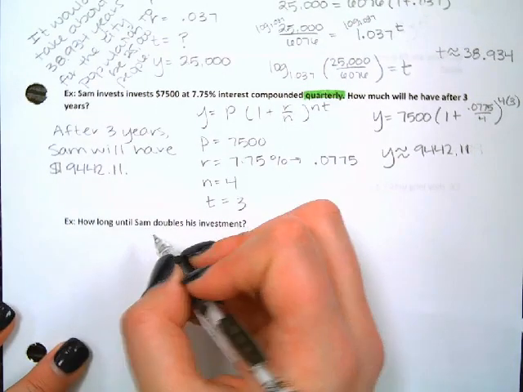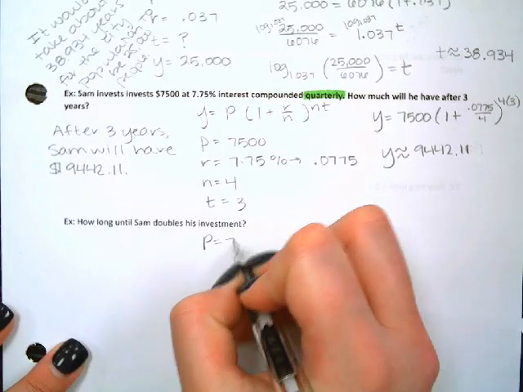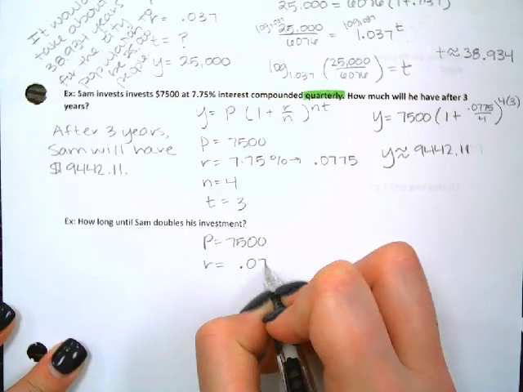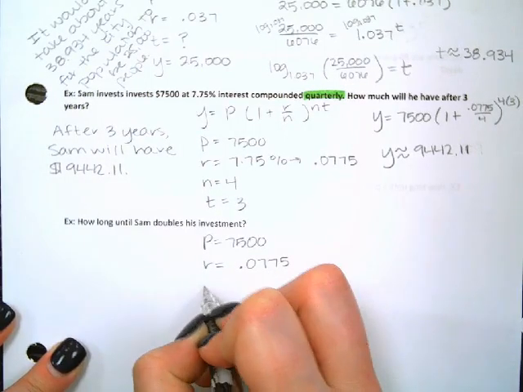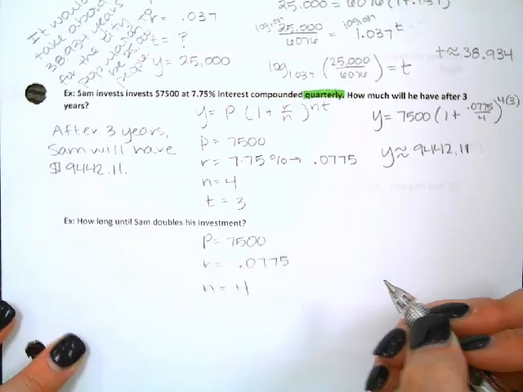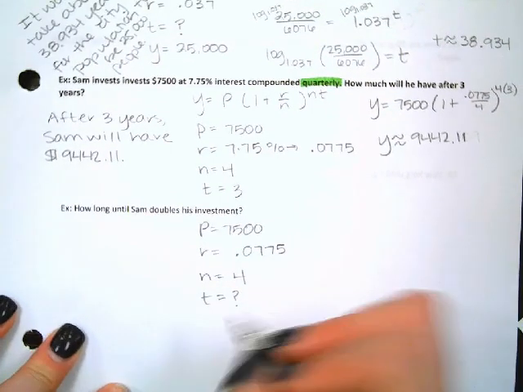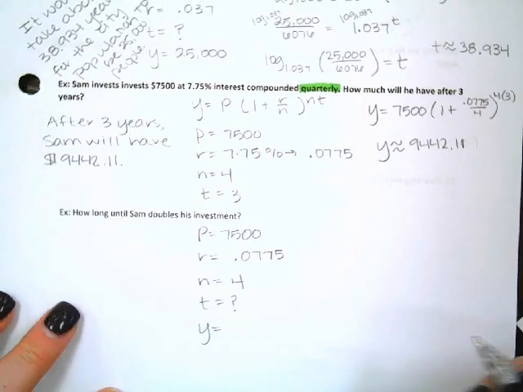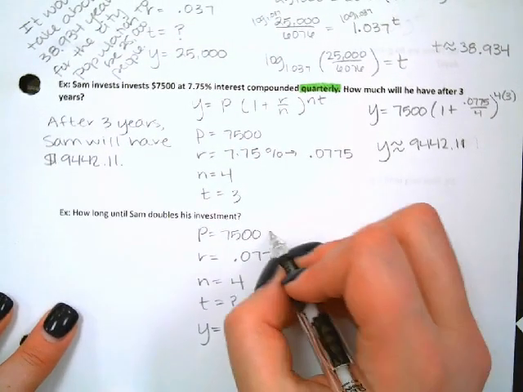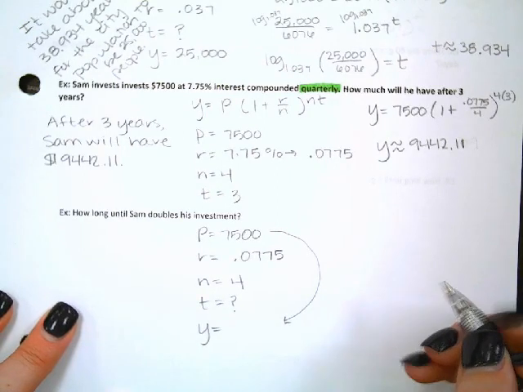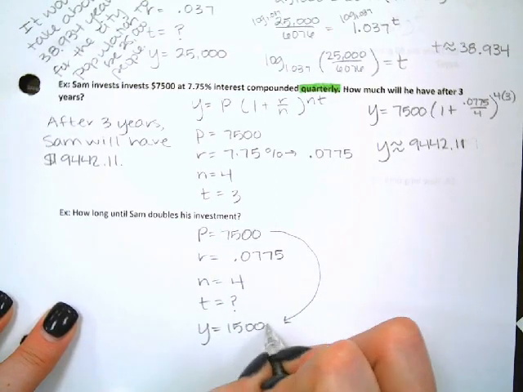So he is still starting off with 7,500. He is still getting a rate of 0.0775. The interest is still being compounded quarterly. The time is what we don't know now. The final amount needs to be double his investment. So we're going to say 7,500 times 2 is 15,000.